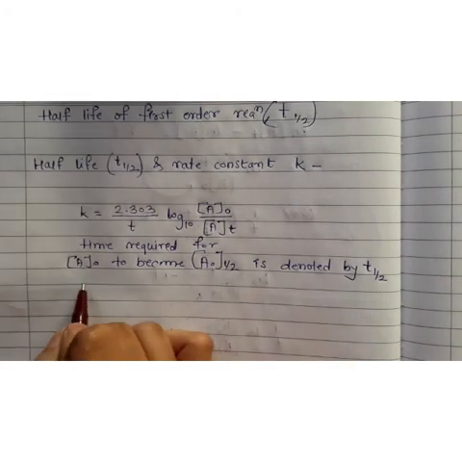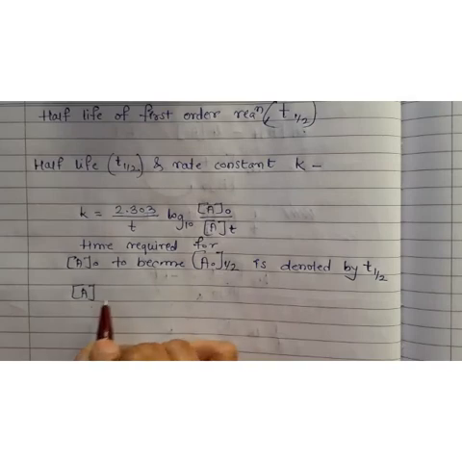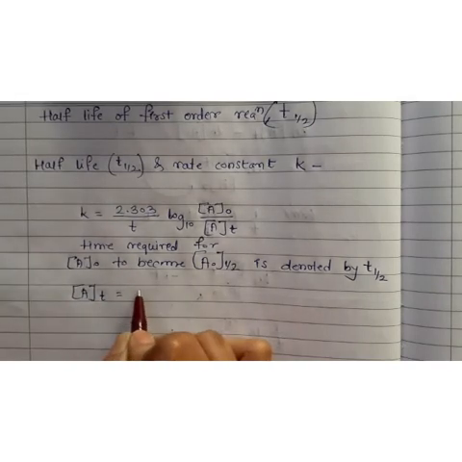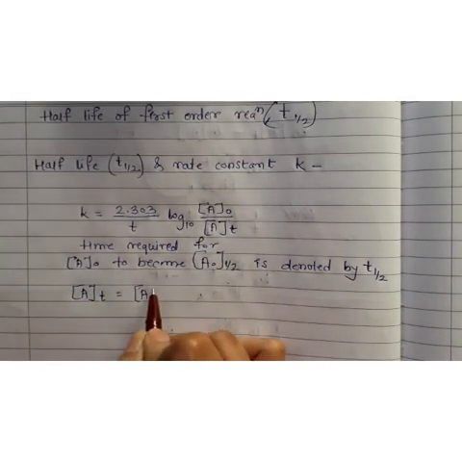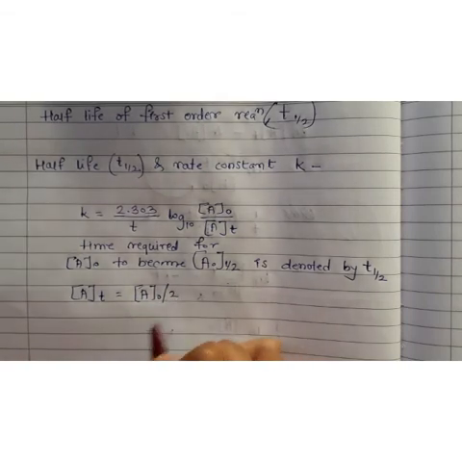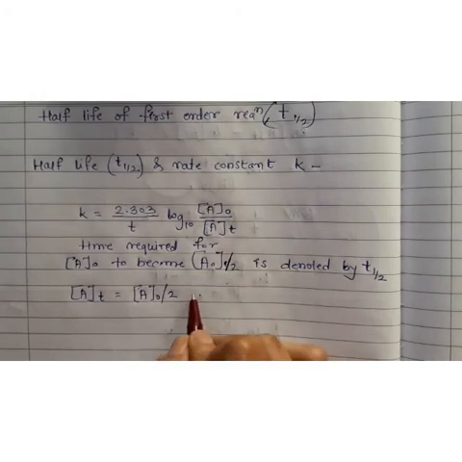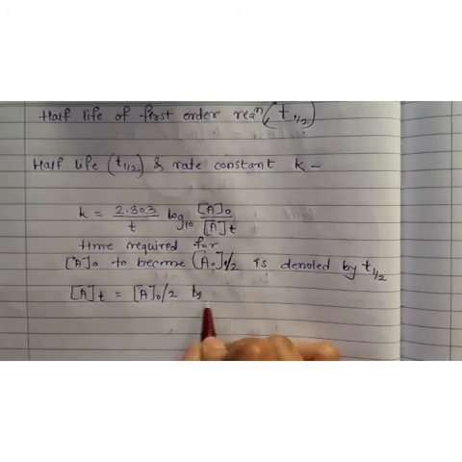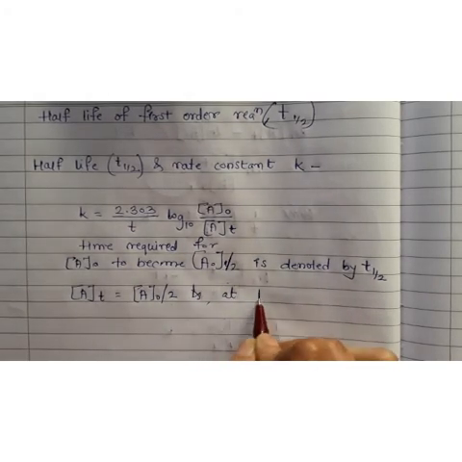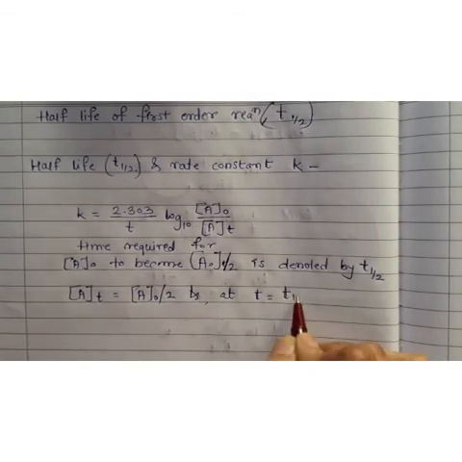So now we have to replace AT by A0 by 2, and it is at time T equal to T half.